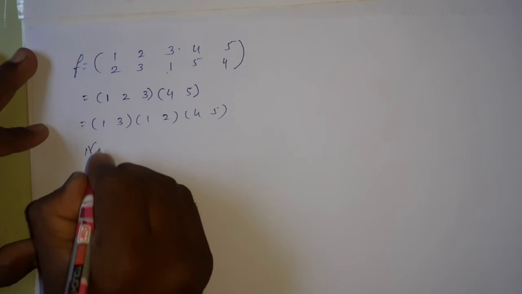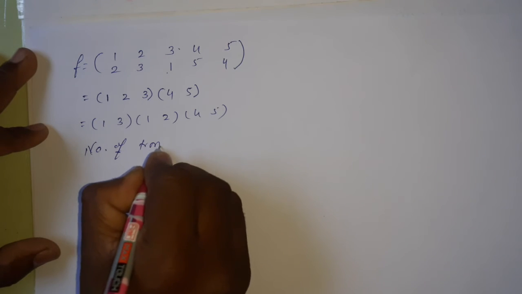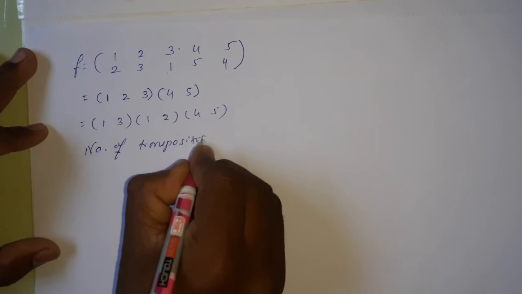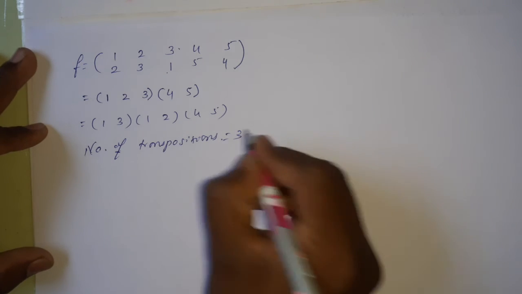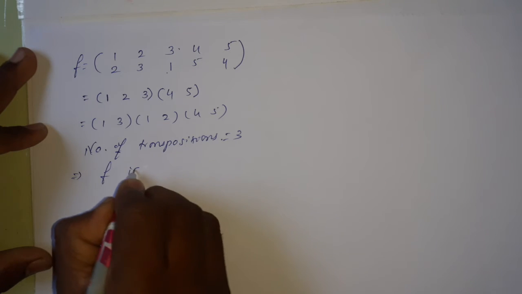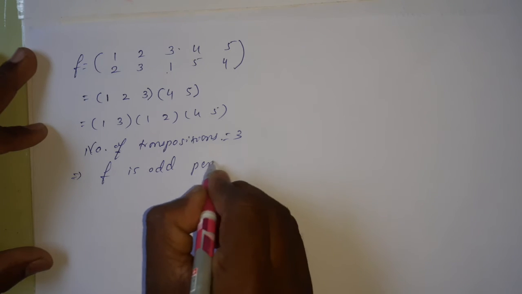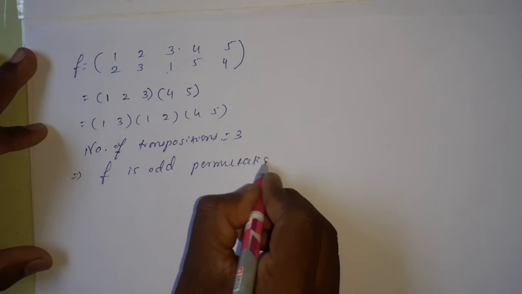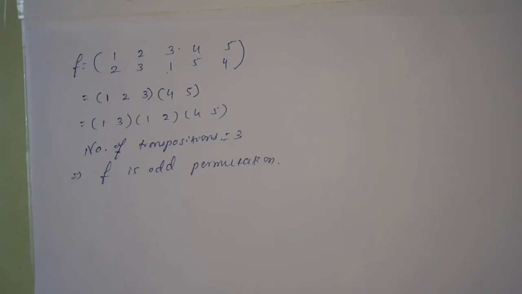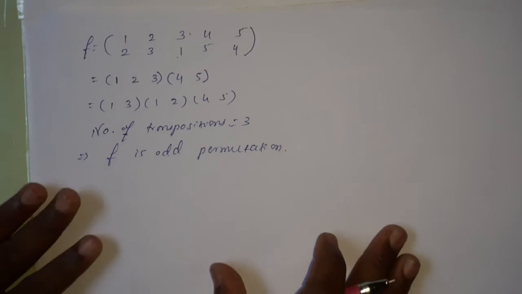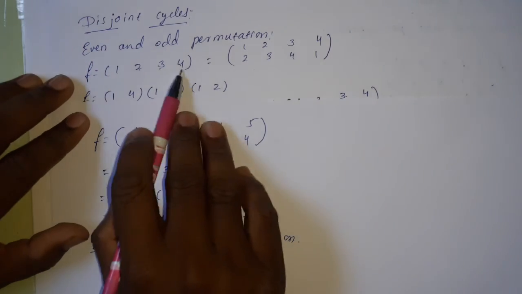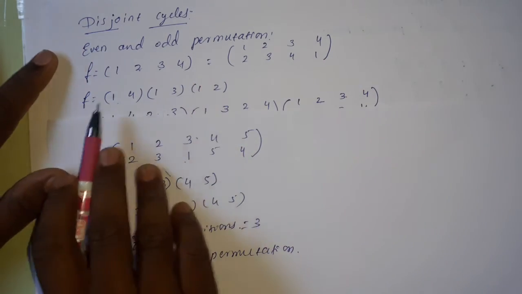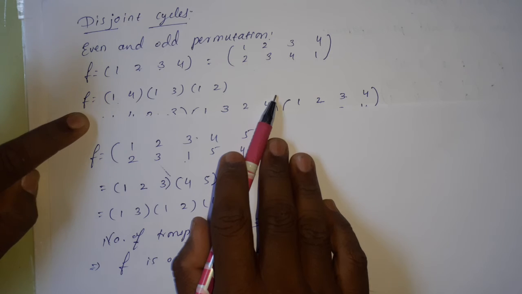So now the number of transpositions is equal to what? 3. It implies that F is an odd permutation. Now this is the difference between when a cycle is given and when a permutation is given. In the previous example, F is equal to (1, 2, 3, 4), which is a cycle, so we wrote the transpositions directly.